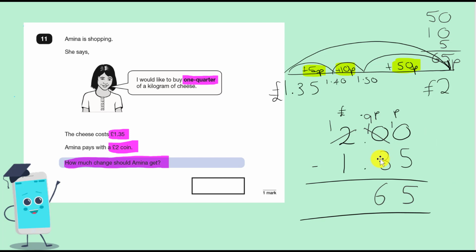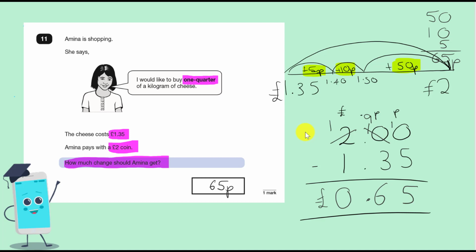My decimal point still goes here because these are my pennies. And now £1 take away £1 is 0. I need to put that in. So I have £0 and 65p. So I could write my pound sign and put 0.65, or I could write in 65p.